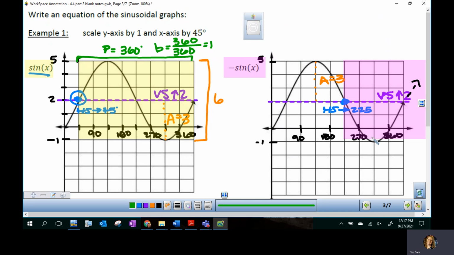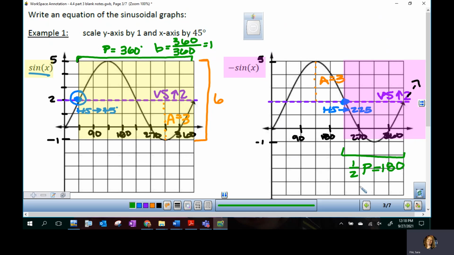So now over here, let's say you weren't looking at this. Even though negative sine is the cycle we're writing the equation for, you could measure the period on a cycle that you see the complete cycle for. Like, it doesn't matter. But if you see half a cycle, you can also use that. You can tell yourself, okay, well, half a cycle, half the period is 405 minus 225. That's 180.